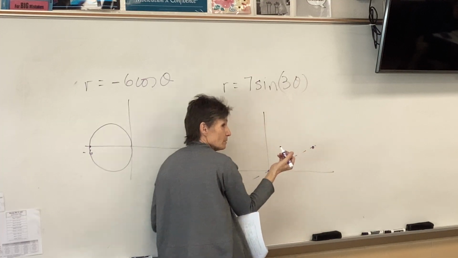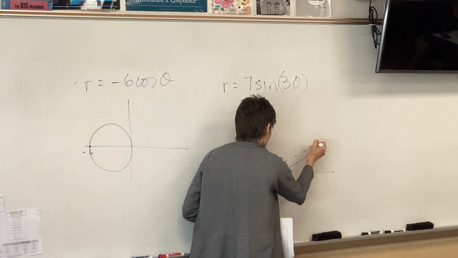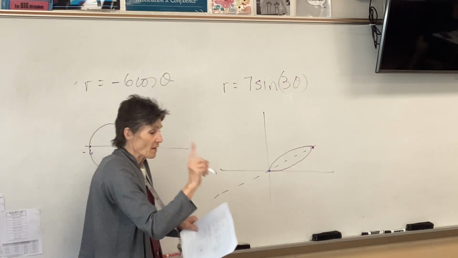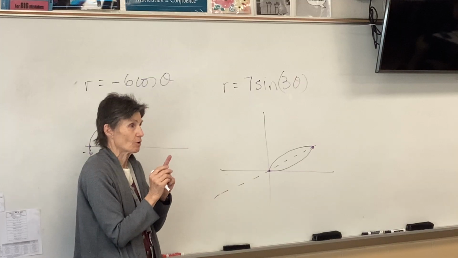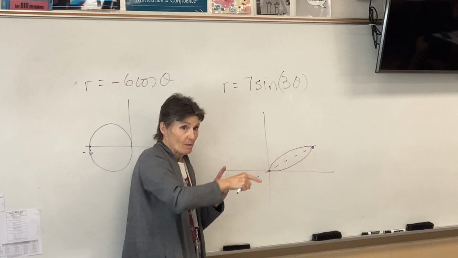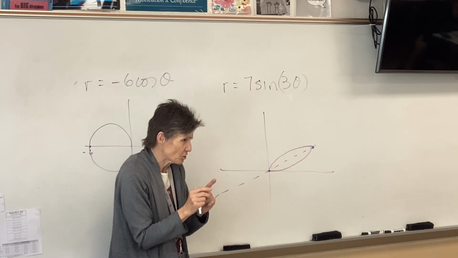So now remember, you told me this is a rose. Would you agree I've got something that looks like that? Without doing any more points, you can finish this picture. There are 3 petals. They are evenly spaced. Does that make sense to you?